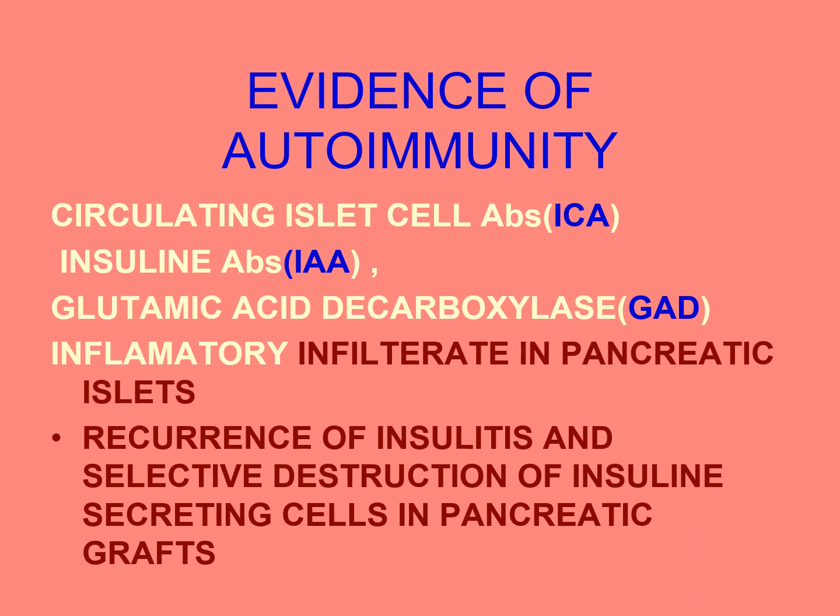Along with this, evidence of autoimmunity, that is the presence of circulating islet cell antibodies, insulin antibodies, and antibodies against glutamic acid decarboxylase, plus the inflammatory infiltrate which is present in the pancreatic islets, and especially recurrence of insulitis and selective destruction of insulin-secreting cells in pancreatic grafts. This is experimental evidence which lets us know about the autoimmune basis of type 1 diabetes mellitus.